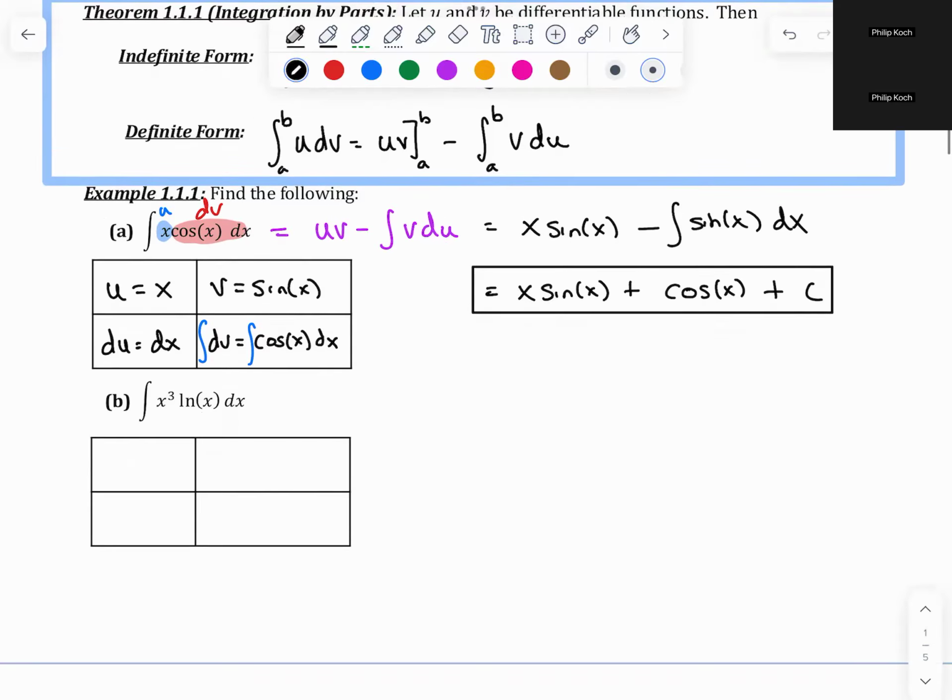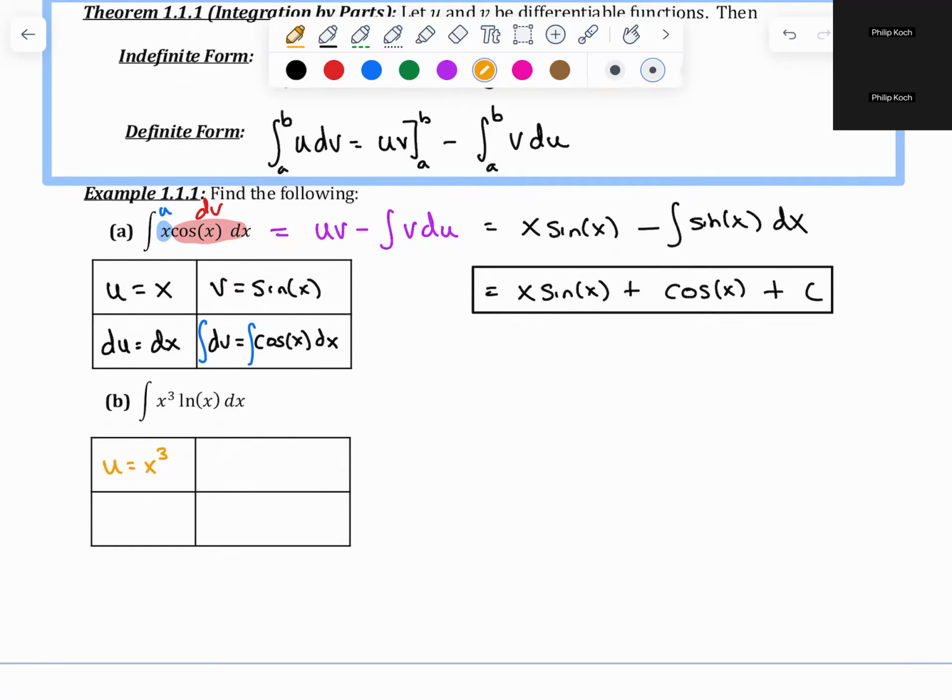This next one. Now, looking at what we did before, don't write this down, but it seems like the correct choice would be u equals x cubed, right? We did it before with u equals x. Why not try u equals x cubed?